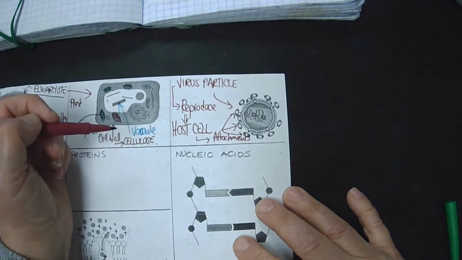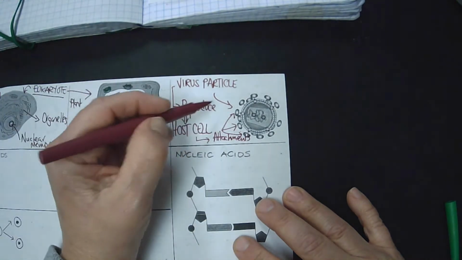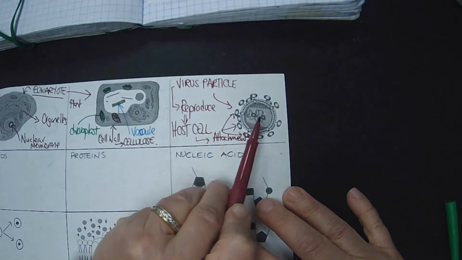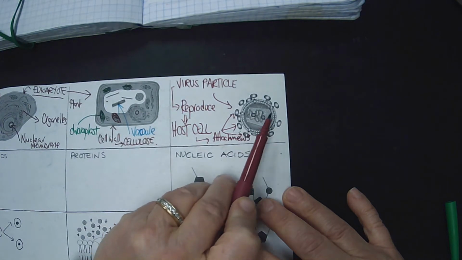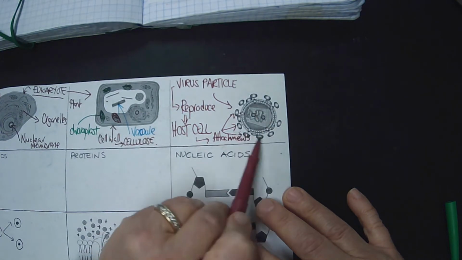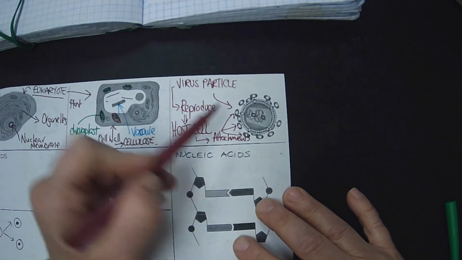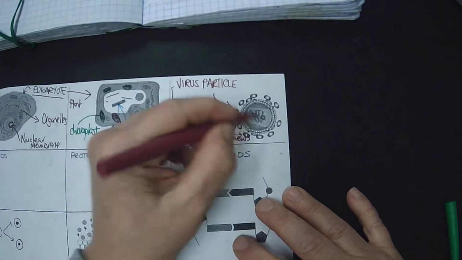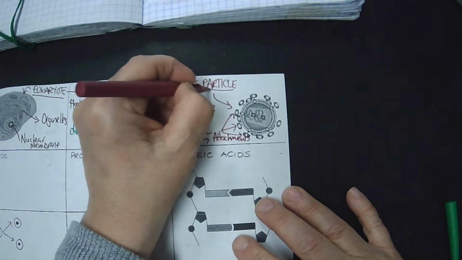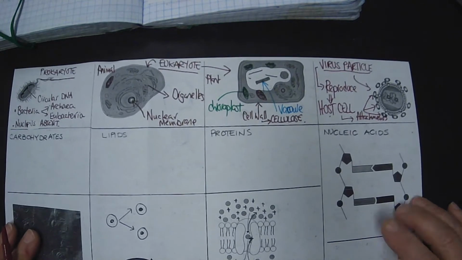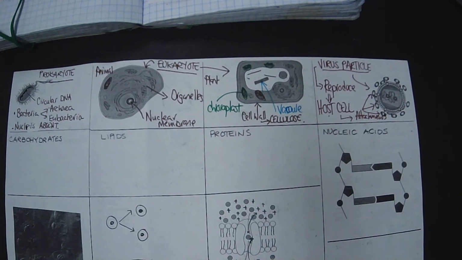When the virus becomes active in your cells, it will make your protein synthesis system, ribosomes, produce new virus particles, which then burst out of the host cell and destroy the host cell, and then go on to infect another host. So that's the fourth part of the review.